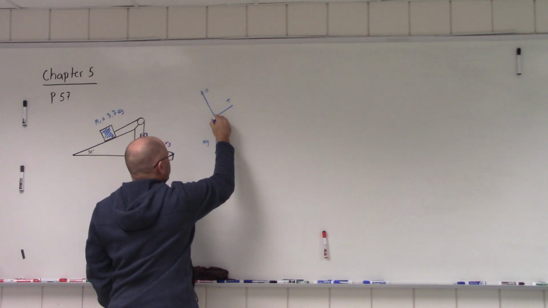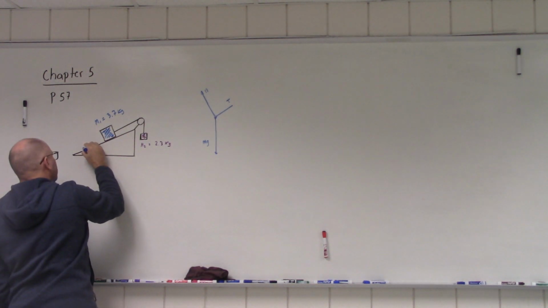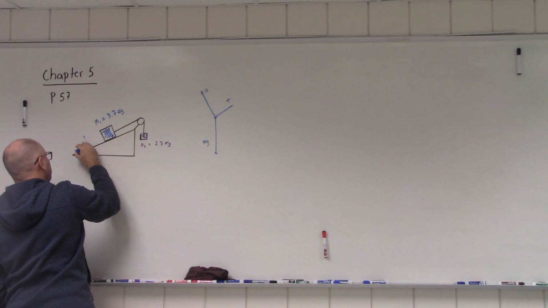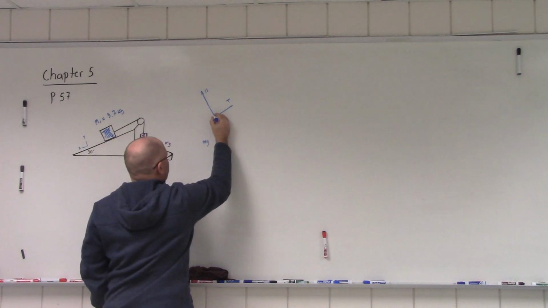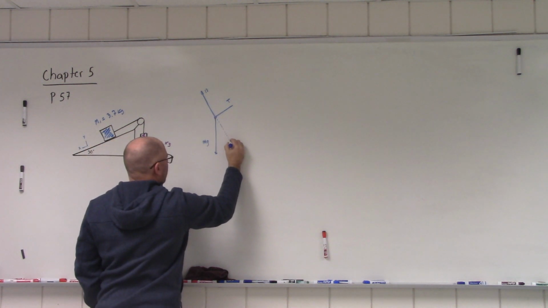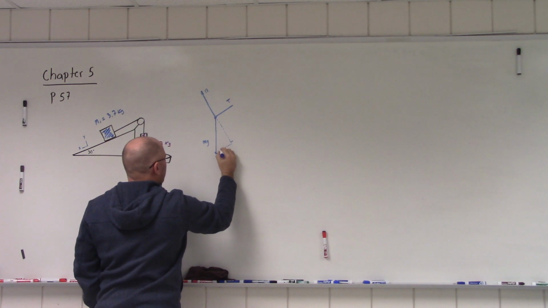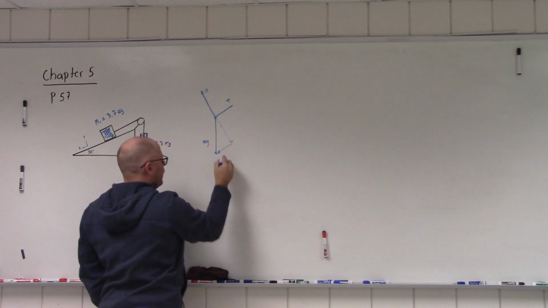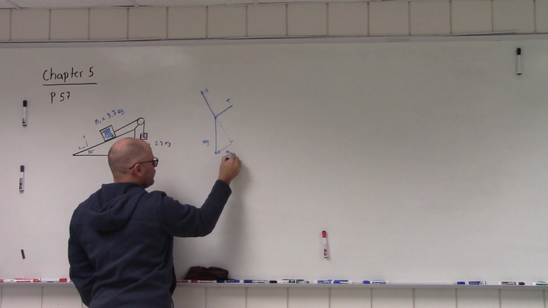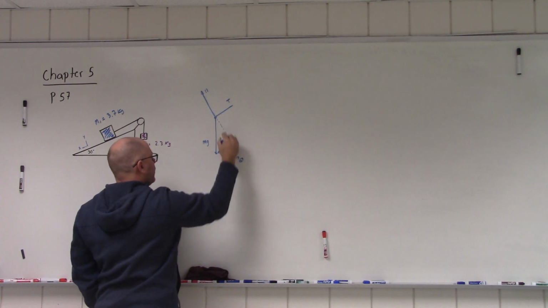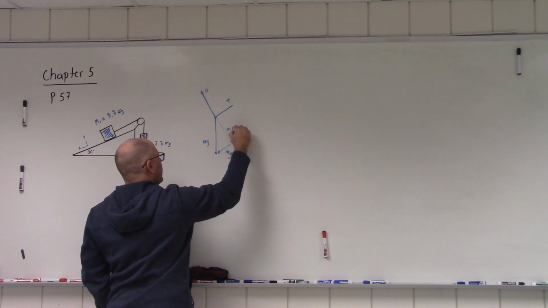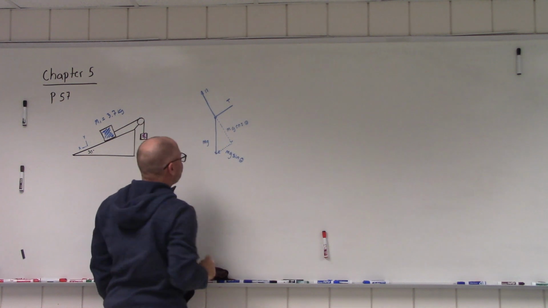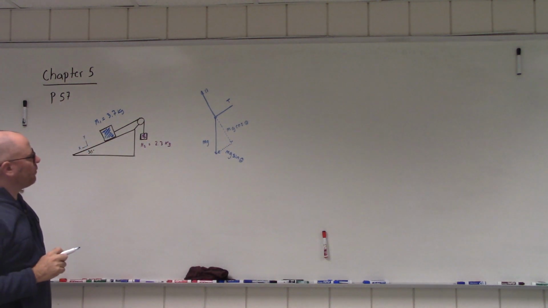But I do know that we're going to use XY on the ramp like this. So I'm going to break this up. This component here is mg sine theta. This component here is mg cosine theta. Is that good?